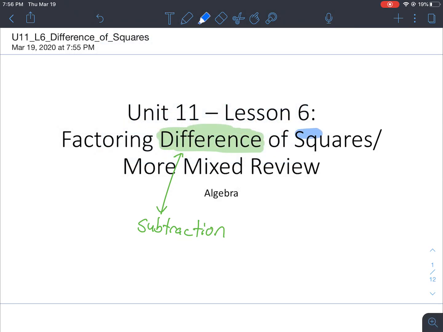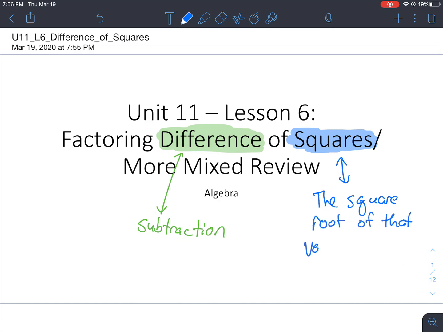Now, the second word we want to call to our attention is squares. What does it mean for something to be a square? Essentially what that means is this: the square root of that value is a whole number. Okay?